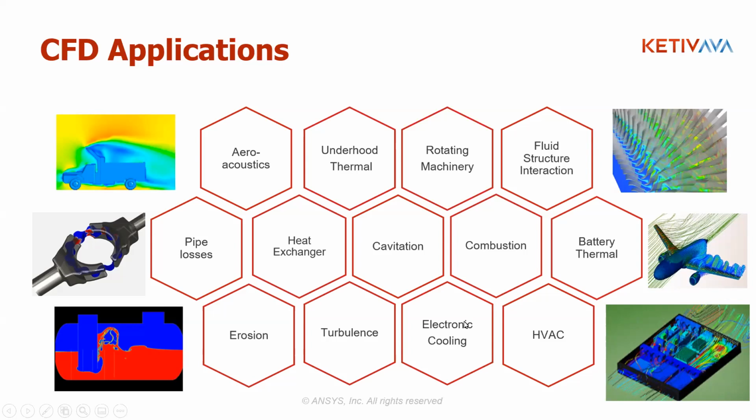You could use it for electronic cooling, chip cooling, any of the multi-phase applications, for example, erosion, cavitation in your rotating machinery. All this can be handled by the commercial CFD software that are available nowadays.